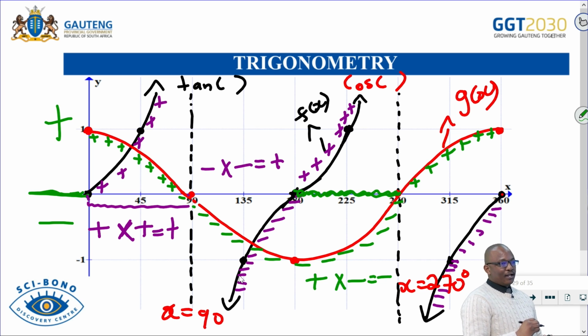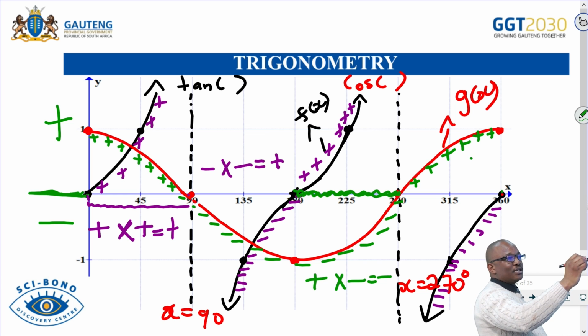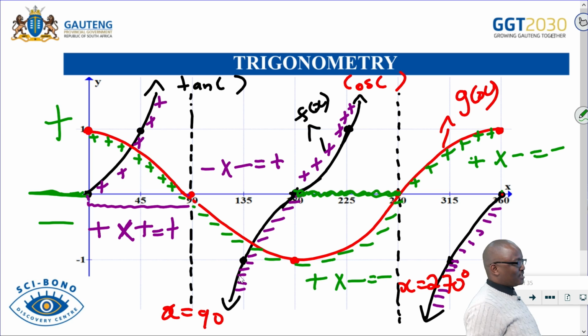Correct. Then now, the graph of cos between 270 to 360 is positive multiplied by negative, which is giving you negative.